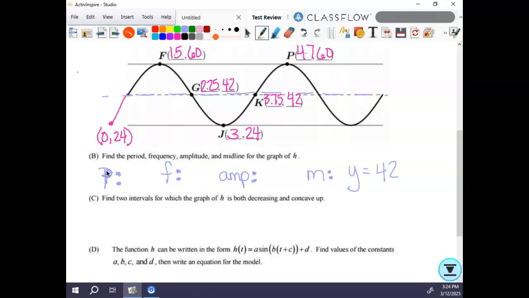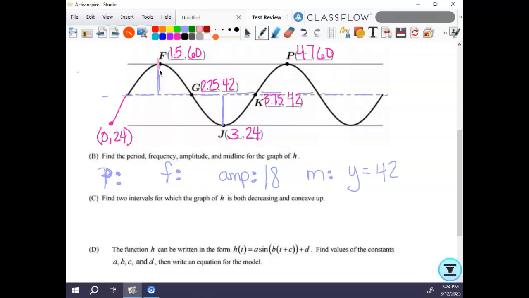So if I can find this, I can find the amplitude. And so the distance from 42 to 60 or from 24 to 42, either way, that's going to be 18. The period, I'm going to start here and end here. Why do I have 4.7 there?